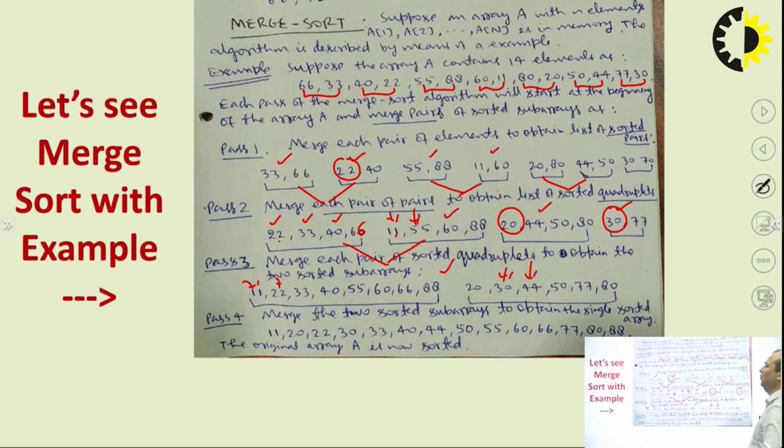So third and so on. So finally we get two sorted subarrays. So we can again apply the merging and the resultant will be the sorted list. So by this way we do merge sort.